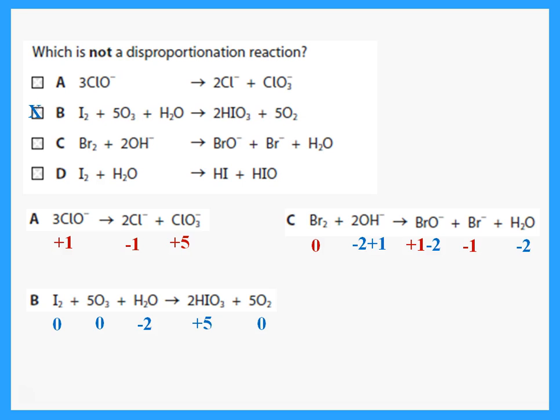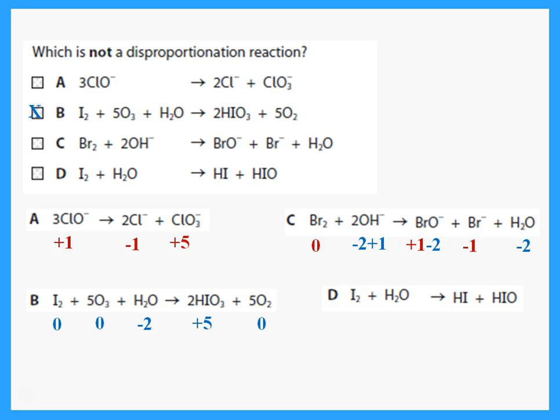In water, oxygen is -2, so what is happening? Bromine has changed once from 0 to +1, and that means increase, oxidation. And then once from 0 to -1, that's decrease, reduction. So this is a disproportionation reaction.